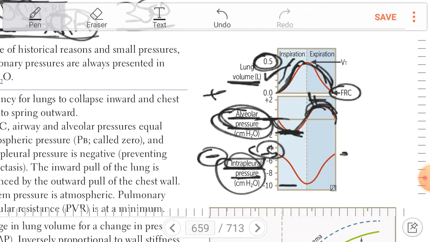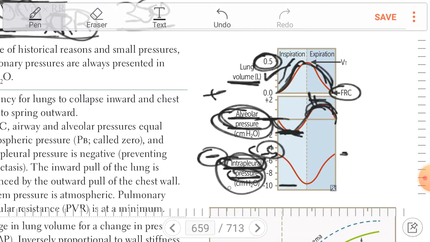If the lung has the tendency to collapse, the chest wall has the tendency to expand. So the negativity of intrapleural pressure will make them a single unit in movement. If there is movement of the chest wall, the lung will follow the chest wall.